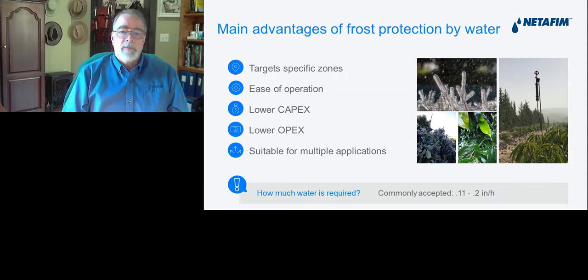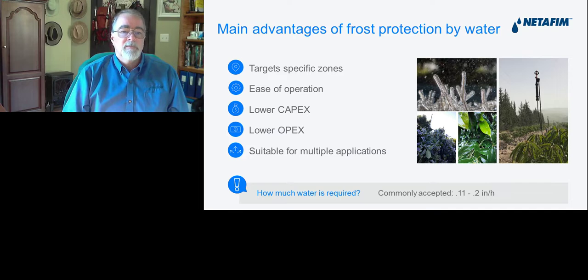So the capital expense is lower because it's not a separate system from what you're already doing. It's something you're currently using to grow those trees. The lower operating expense, again, we're using it all the time, all through the year. We're using it to irrigate. We're using it to fertilize. We might even be using it to apply certain herbicides and pesticides through the irrigation system. And it's, of course, suitable for multiple applications.